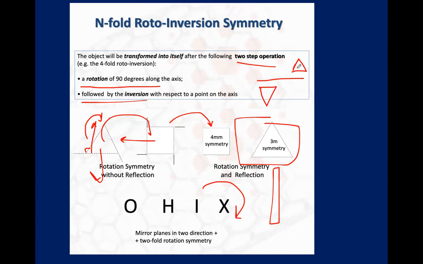So mirror plane, for example, you had this one arrow like this. If you had this one arrow, finally you will end up with something like this. This is the roto inversion.